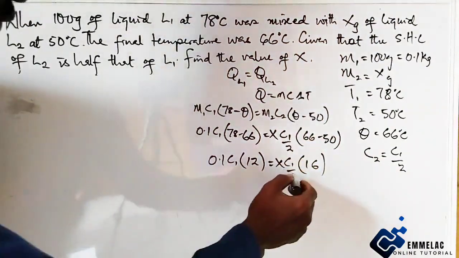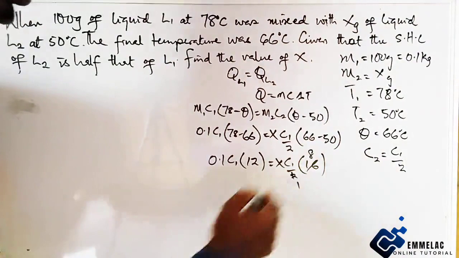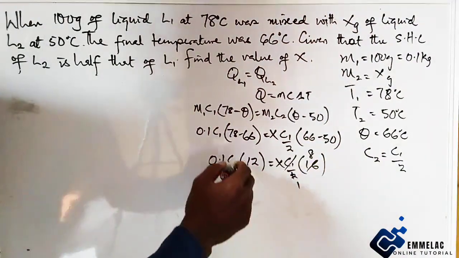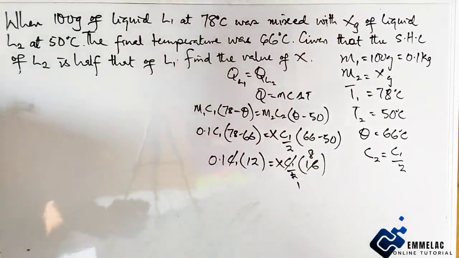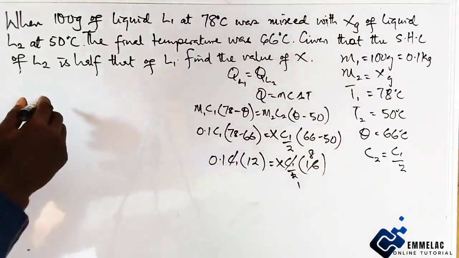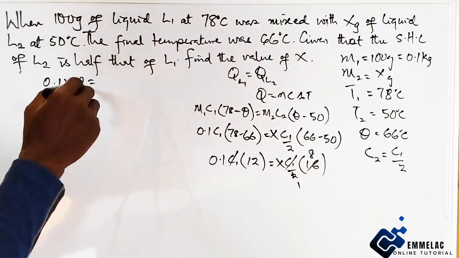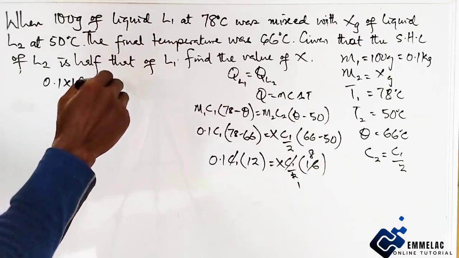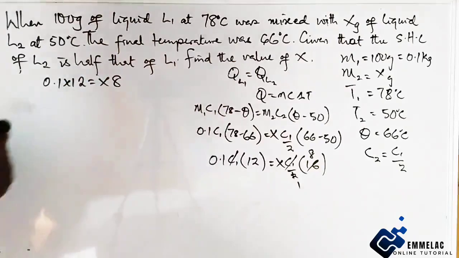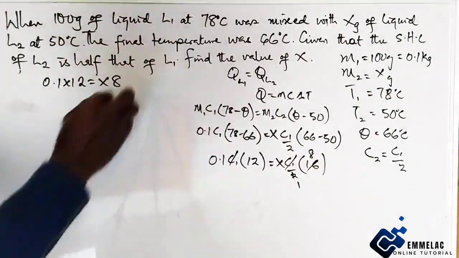All right, in this case 2 here, 1, 2 here, 8, and we cancel C1, right? So we are left with 0.1 times 12 equals X times 8. Let me put it this way: 8X.